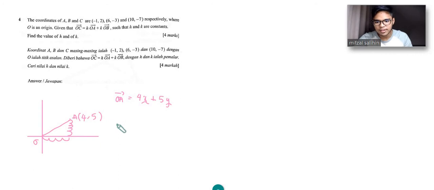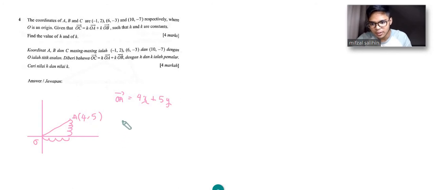We can find a vector based only on the coordinates. Here we have OA, where the coordinates of A are (4, 5), so the vector OA is 4x plus 5y.